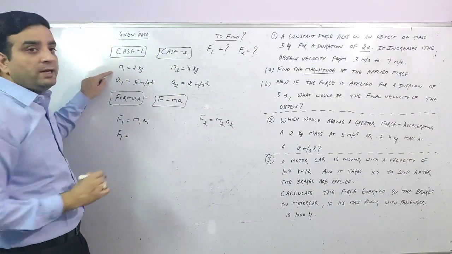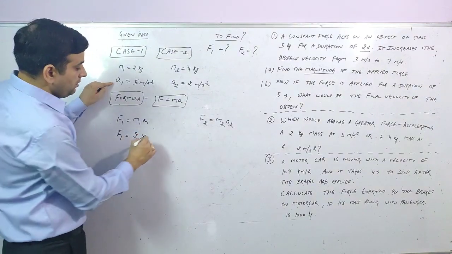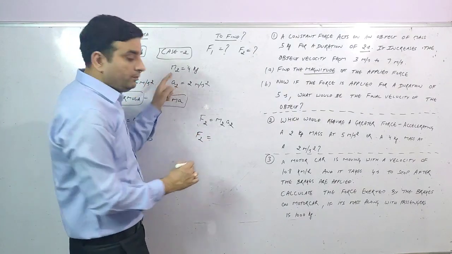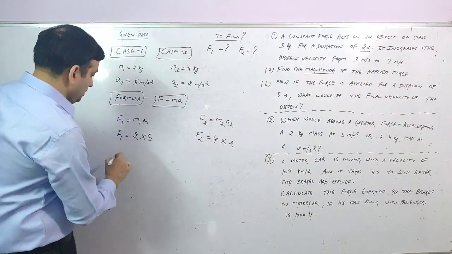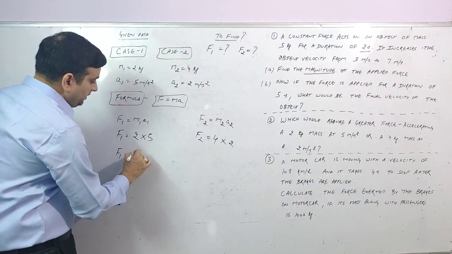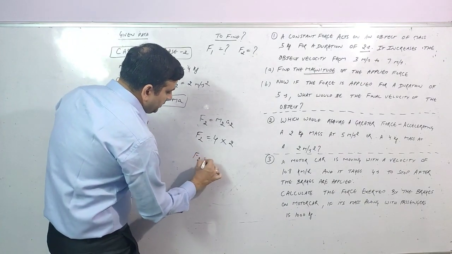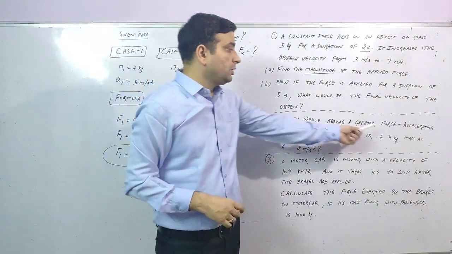F1, what is the value of m1? 2. What is the value of a1? 5. F2, what is the value of m2? 4. What is the value of a2? 2. Now when we simplify this, F1 is 10 Newton, F2 is 8 Newton, and they are asking which would require a greater force.